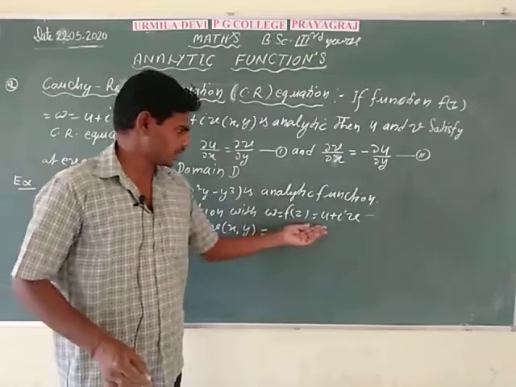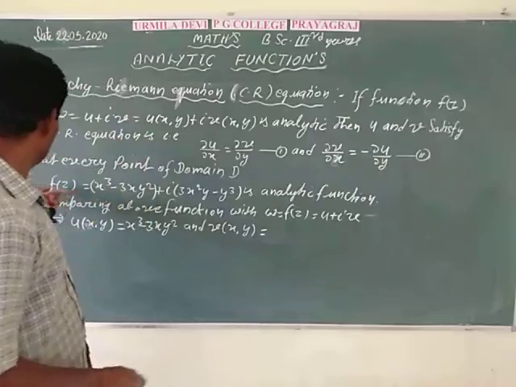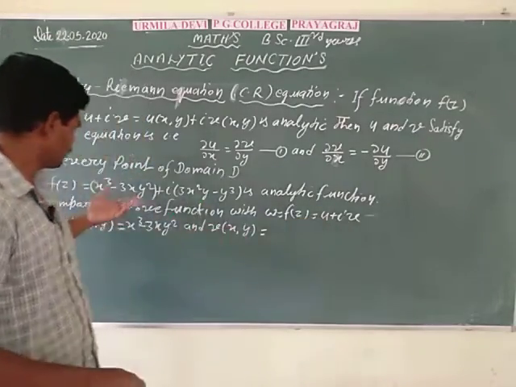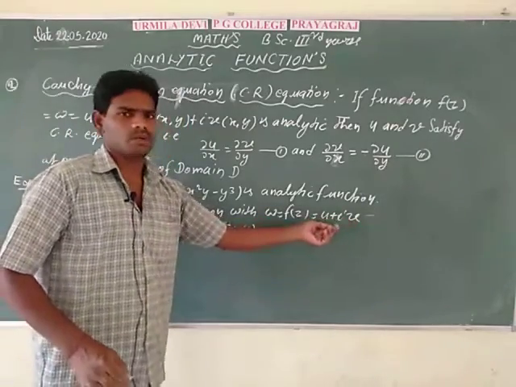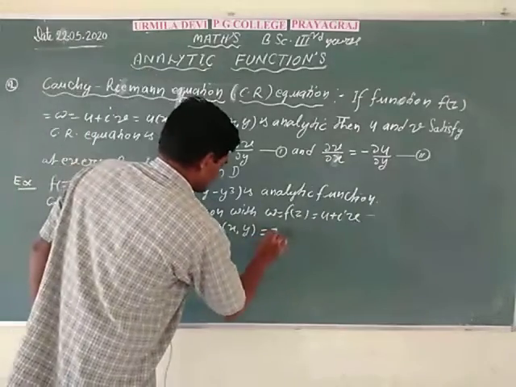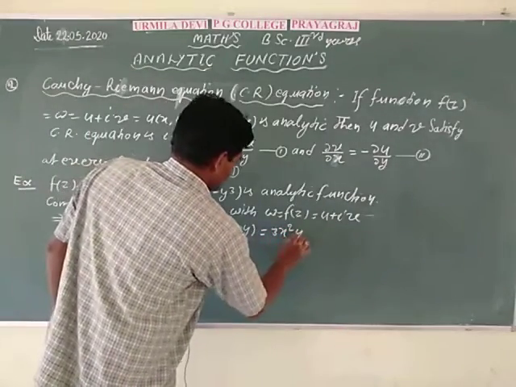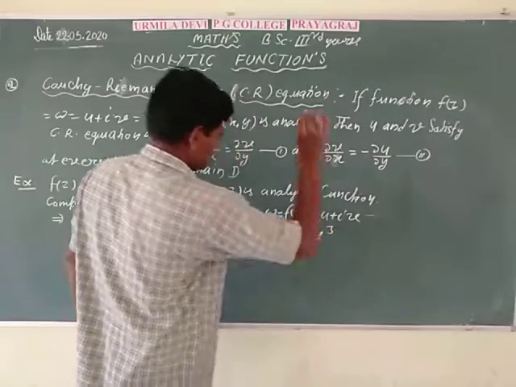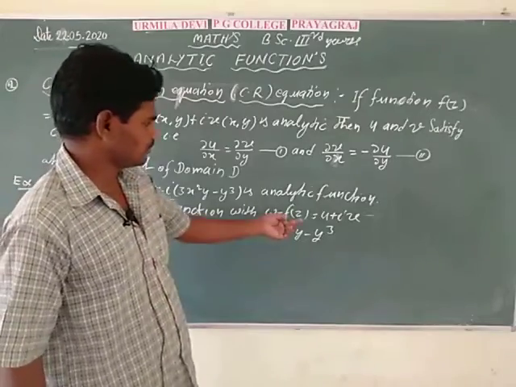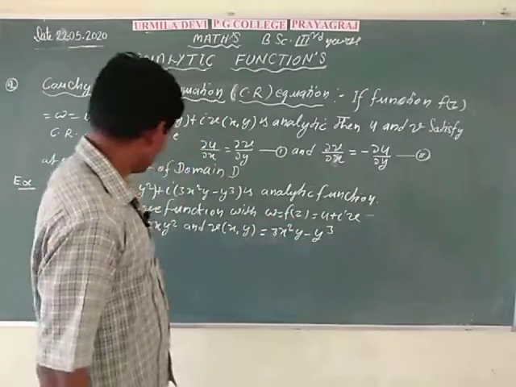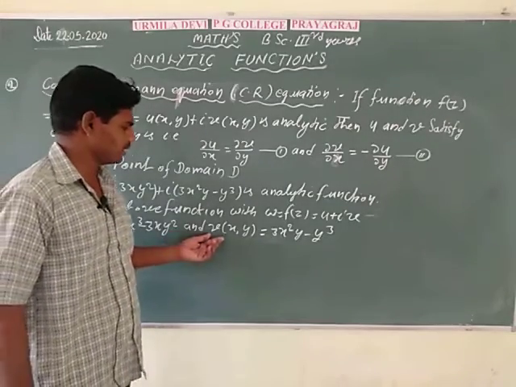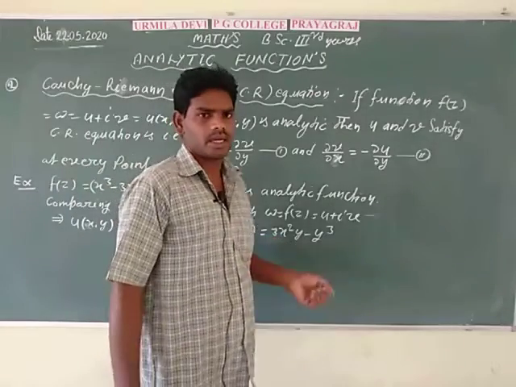Comparing f(z) is equal to u plus iv with f(z) is equal to this plus i times this, u is the first bracket and v, the coefficient of i, is 3x square y minus y cube.